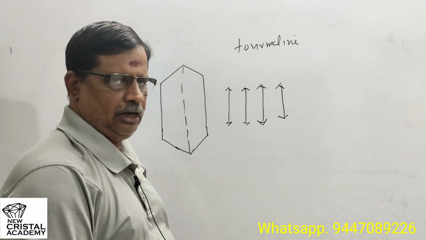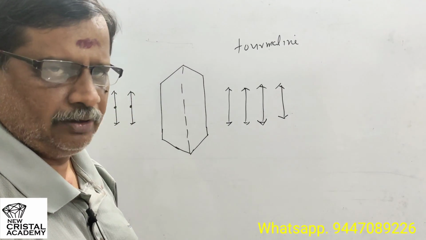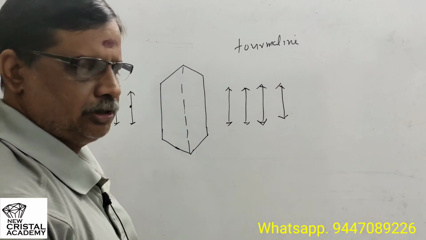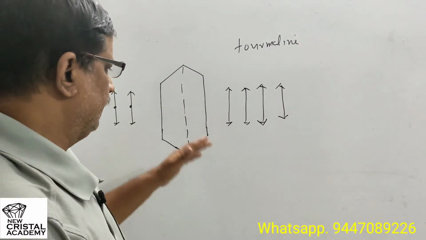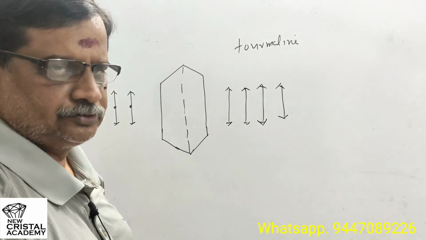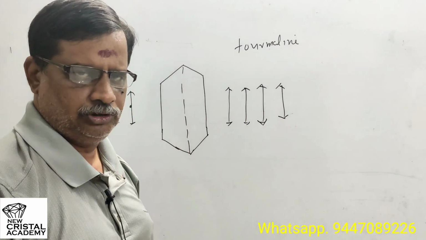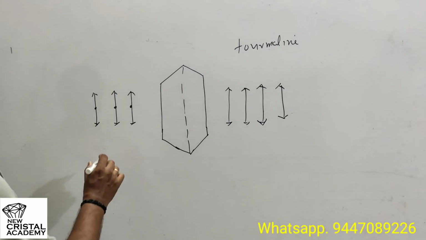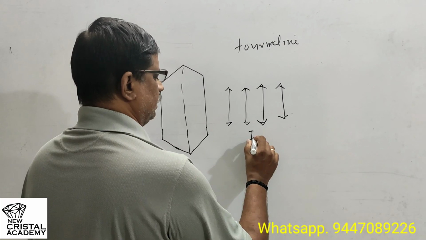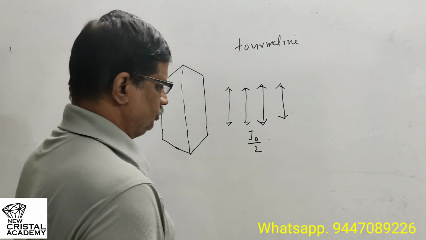But the vibrations perpendicular to the plane of the board, which are also perpendicular to the optic axis, will be blocked or removed by the crystal and will not be able to pass through. So if the intensity of the incident light is I0, the intensity of the light reaching the other end will be I0 by 2.